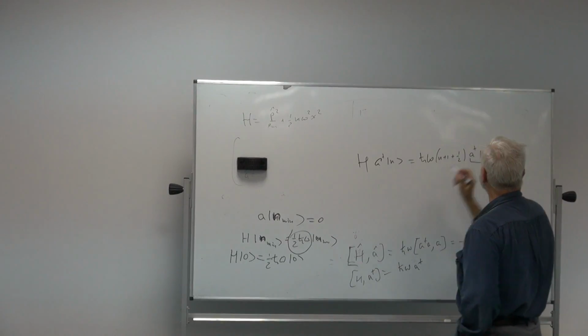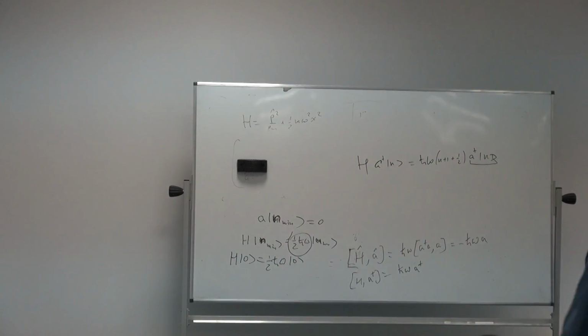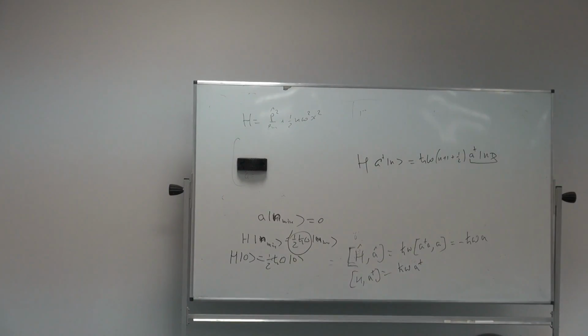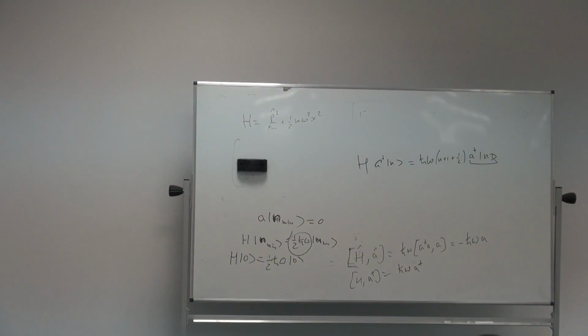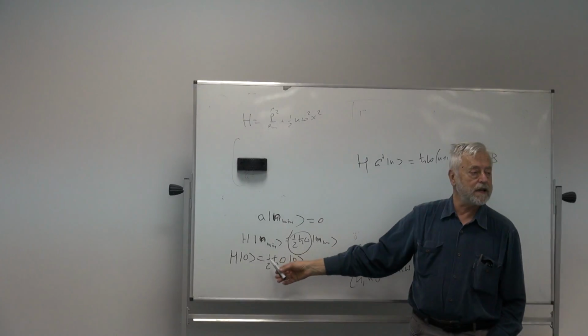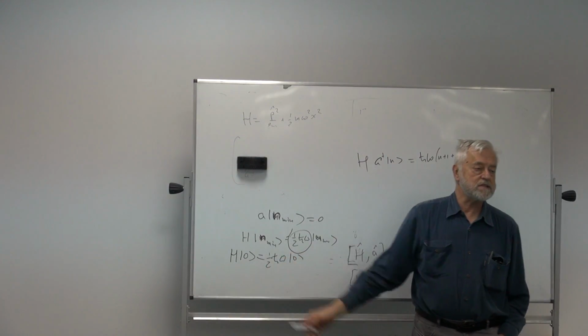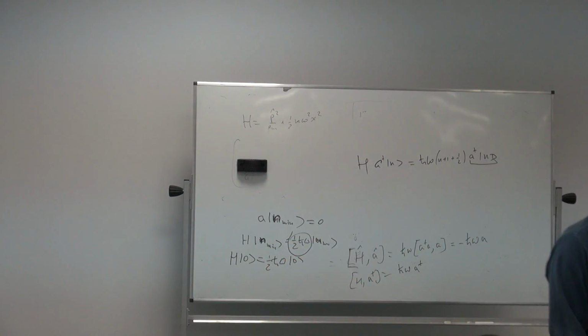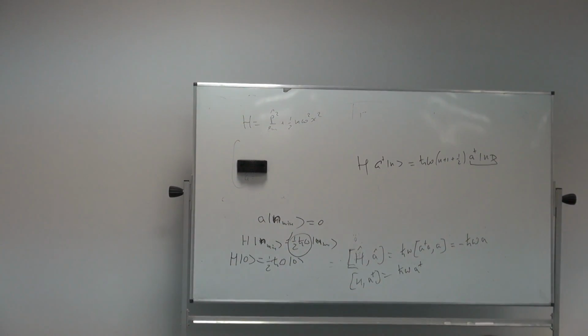So this is again an eigenstate, but with an eigenvalue higher than the earlier one by 1. So now it is obvious what happens. There's only one state which is annihilated, the state which has eigenvalue 0, and I have a whole ladder of states going up by 1.